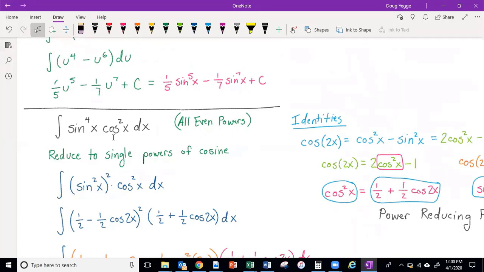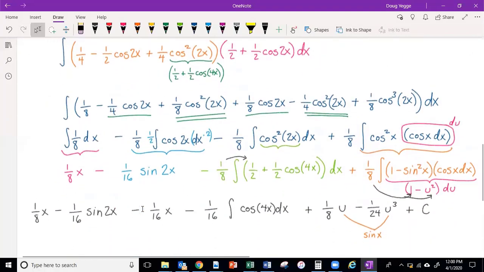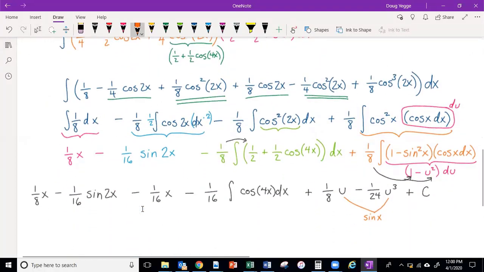But because we did that, we have to use a power reducing formula on sine squared x, then reduce the power again on cosine squared x, and then reduce a third time because we'll have another even power. That's why way down here we had to do this other power reducing formula.